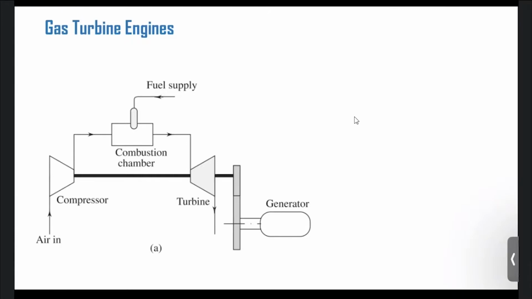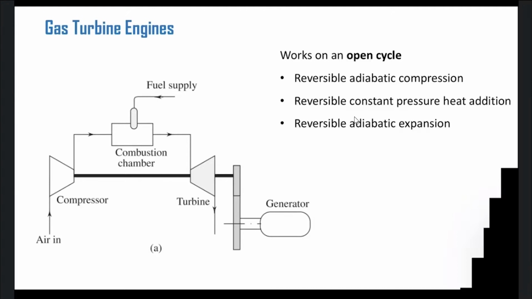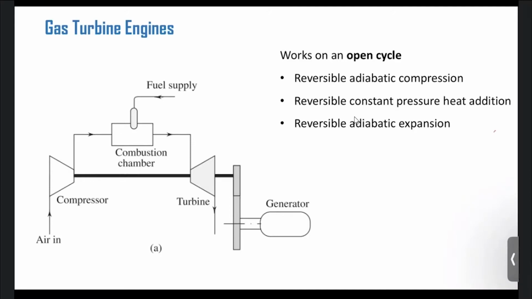So basically a gas turbine engine works on an open cycle. That includes compression, combustion, and expansion, and then exit to the atmosphere. So basically it is an open cycle.